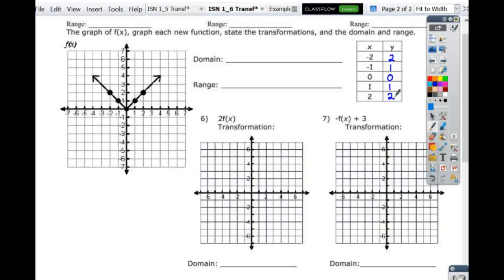So what do you notice about the numbers? And what happens as I go out? They're the same because this is symmetrical around the y-axis. So my domain left to right is -infinity to infinity, and then bottom to top is 0 to infinity.